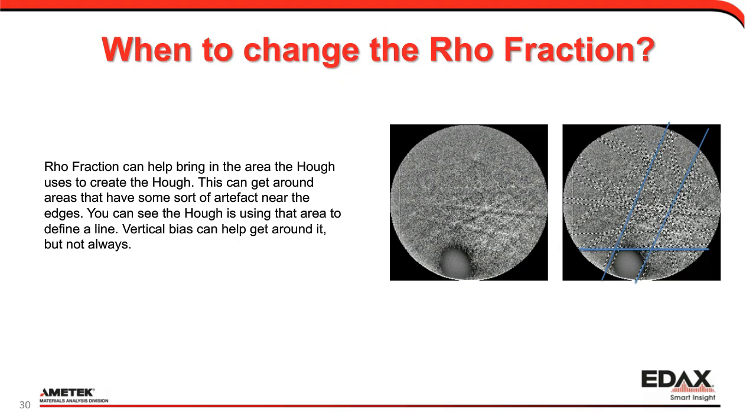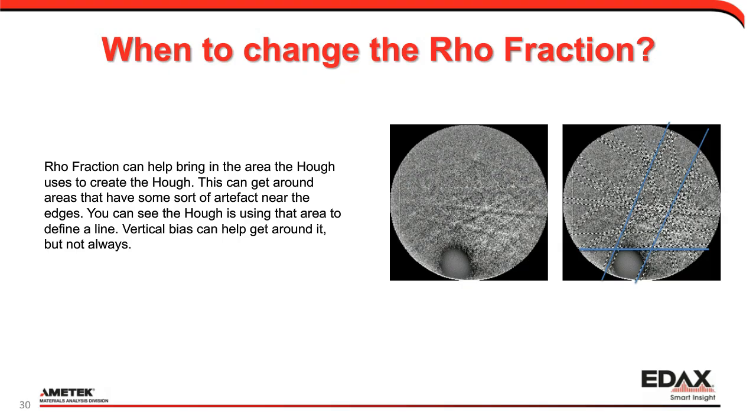So on the right-hand side here, you can see I have 3 Hough lines that are being defined because of this feature. And I went ahead and brought that rho fraction in to hopefully get away from this feature actually being used as a Hough line. Now, what I will tell you is that our indexing routine will actually see that these triangles don't work using these lines, so it won't get votes.